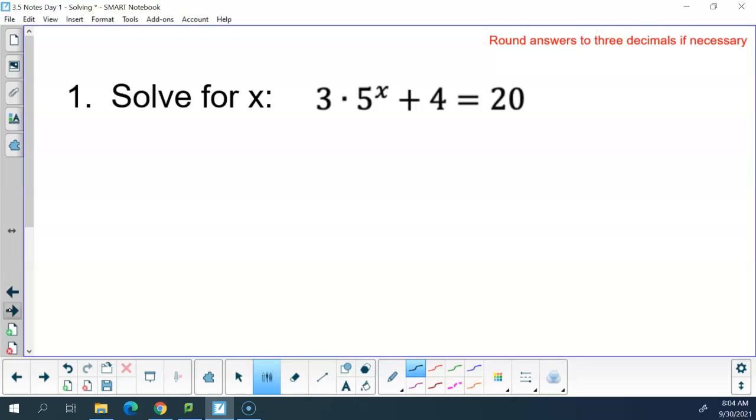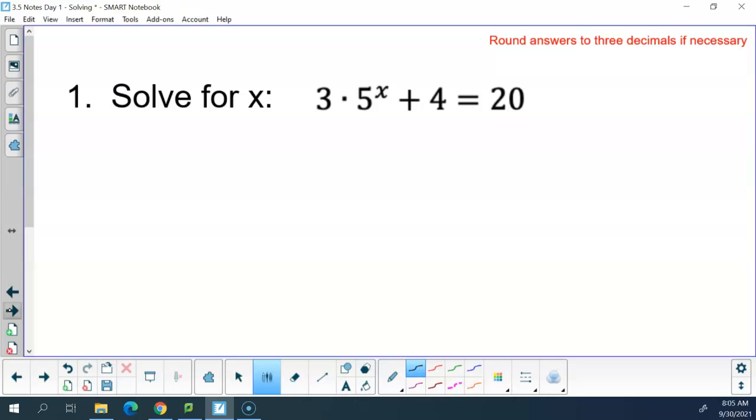All right, so let's do this. The first thing you've got to do whenever you're solving one of these type of equations is, just like solving an algebraic equation, get your variable by itself.